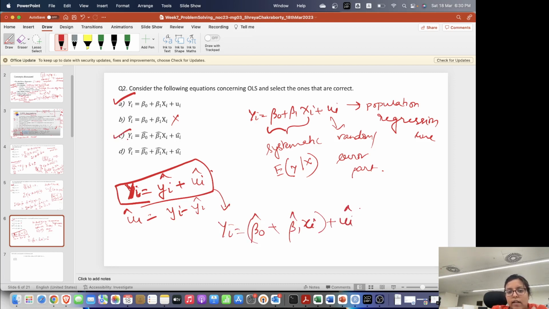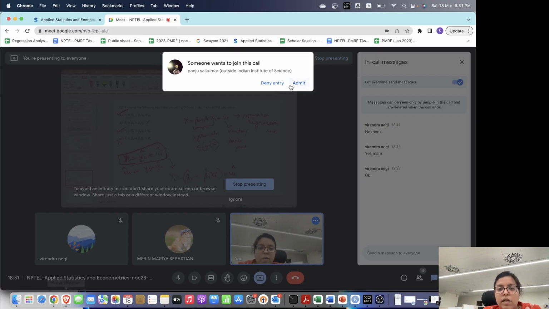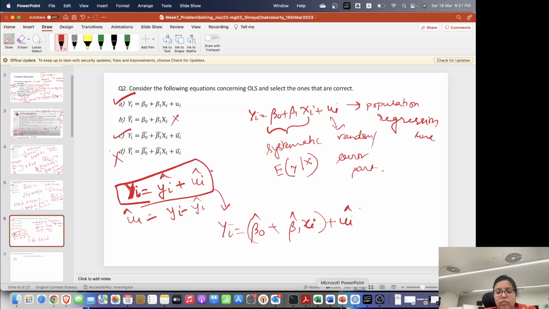So this is correct. And why is this not correct? Because yi hat is the prediction. This is the predicted y. If we put this one and this one, then this is actually yi and not yi hat. Yi hat will always be beta naught hat plus beta 1 hat into xi.